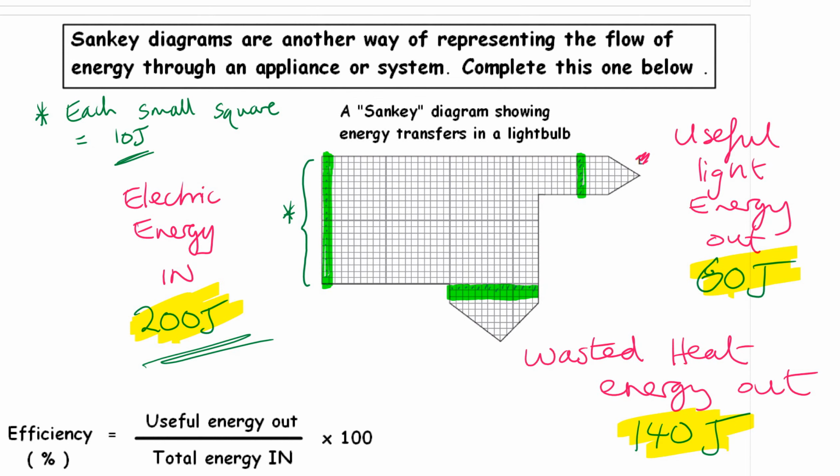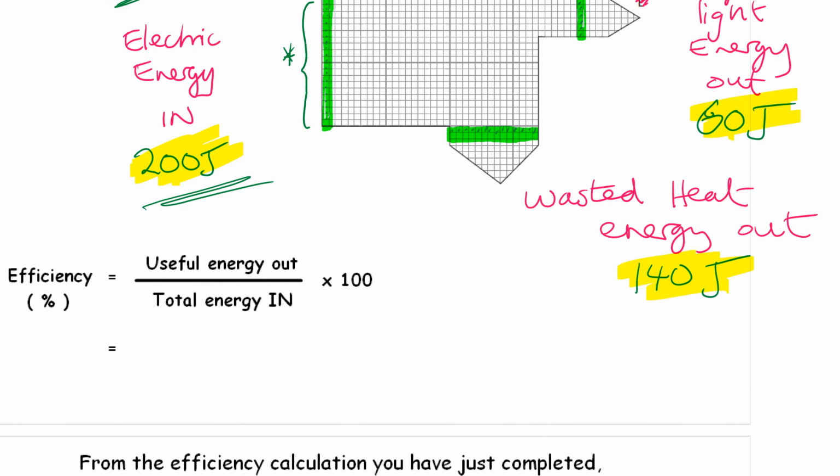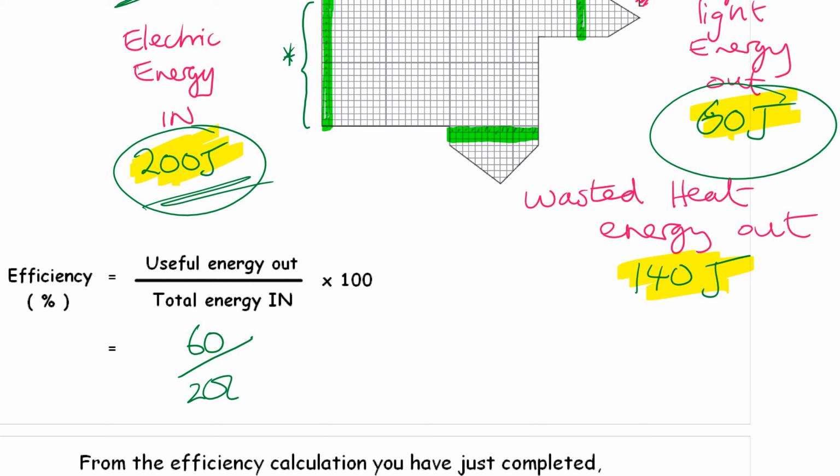Now, to work out the efficiency, it's a very simple calculation. The useful energy out was 60 divided by the total energy in, 200.